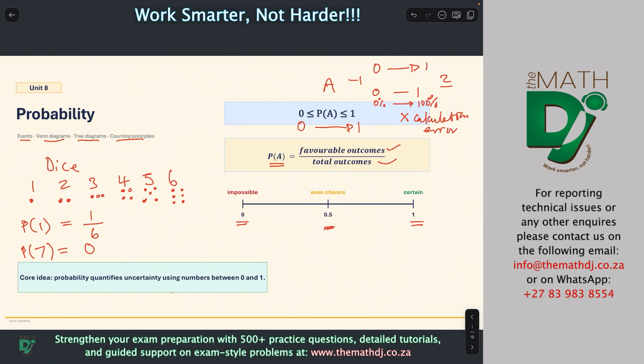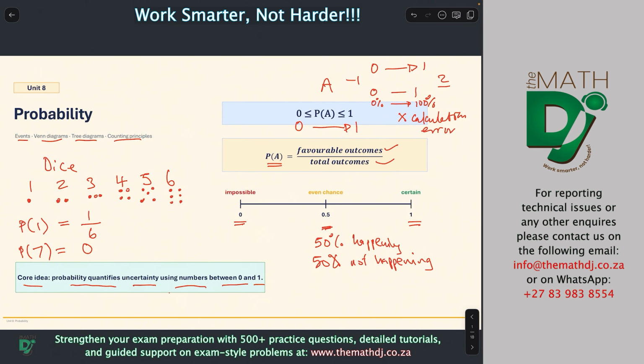It has got a 50% chance of happening and a 50% chance of not happening, right? So the core idea of probability is that it quantifies uncertainty using numbers between 0 and 1. So that's what we are going to be dealing with in this unit.